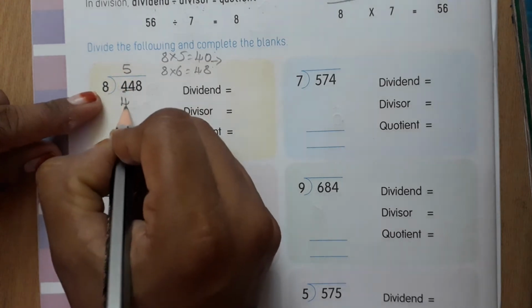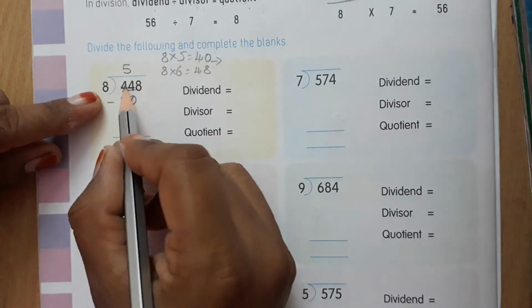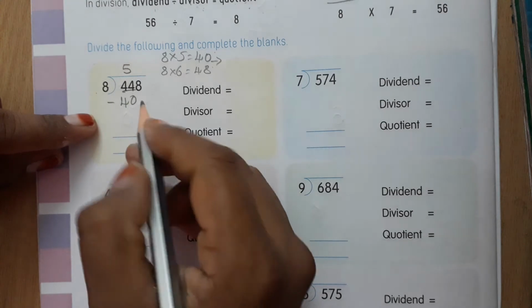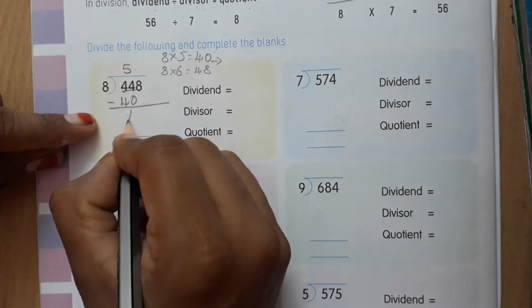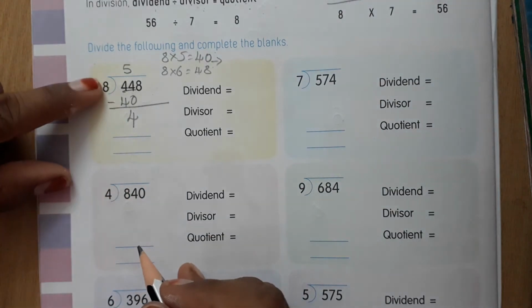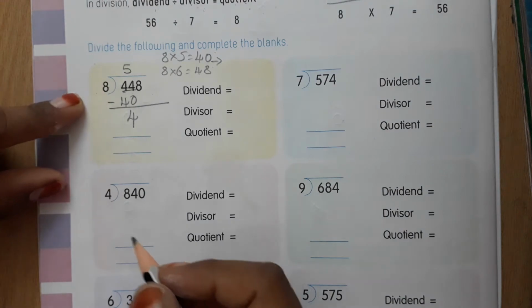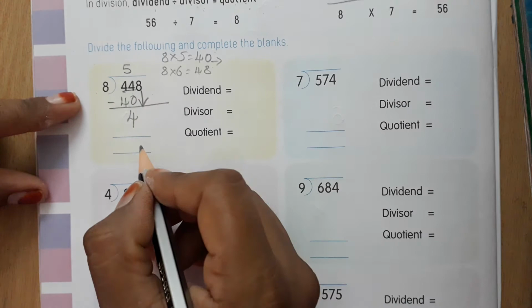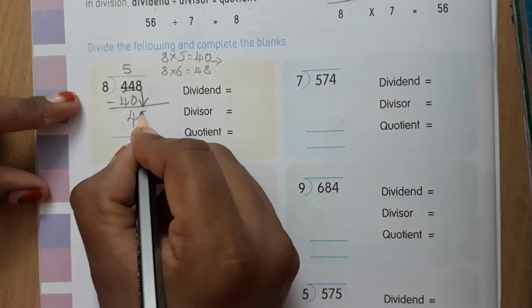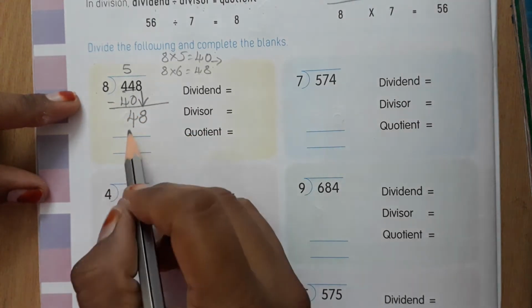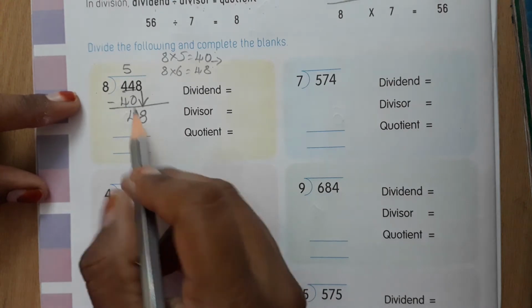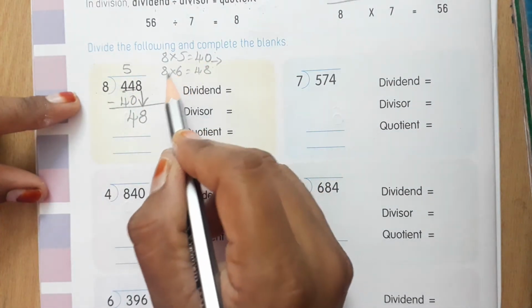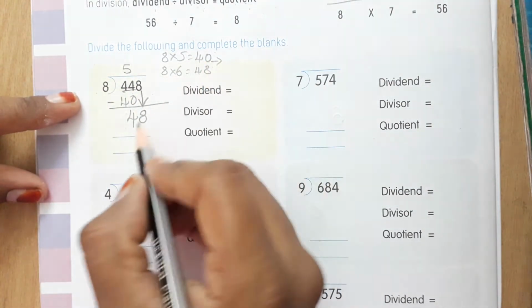8 5s are 40. So 44 minus 40, how much? 4. Now again 4 divided by 8, is it possible? No. There is another place, the ones place digit. Write it down, that place digit 8. 48. Now 48 in 8 table, how many times? 8 6s are 48.